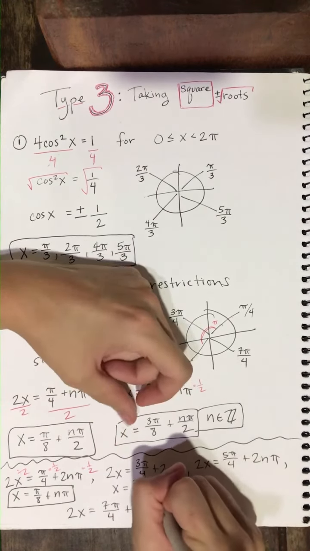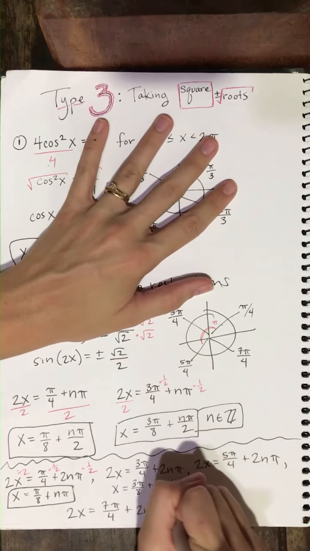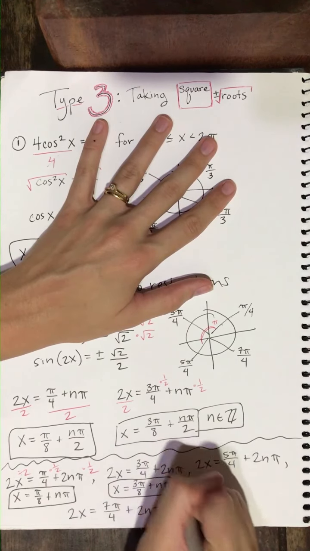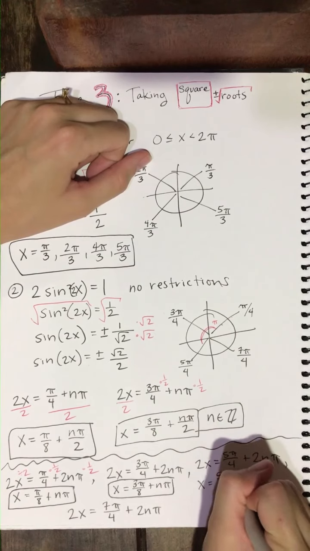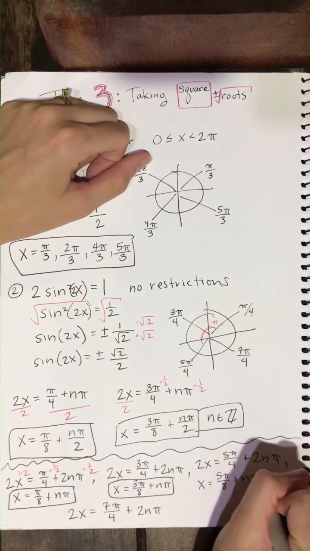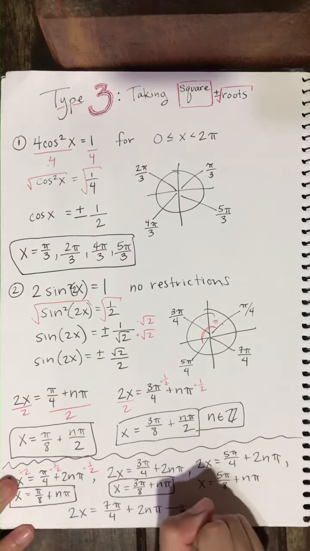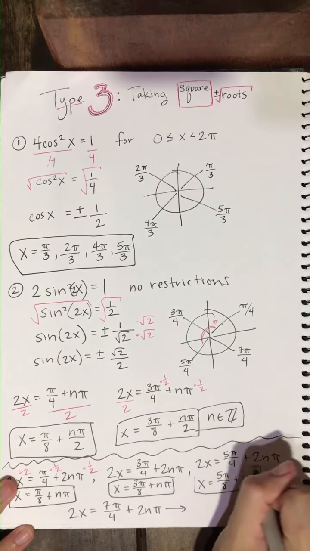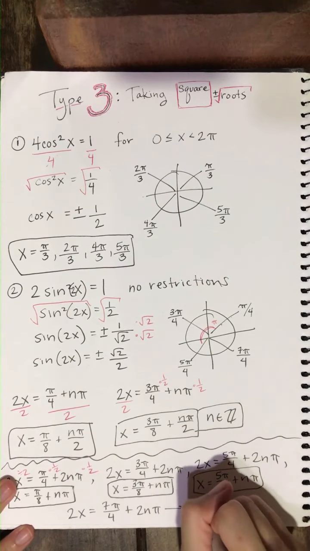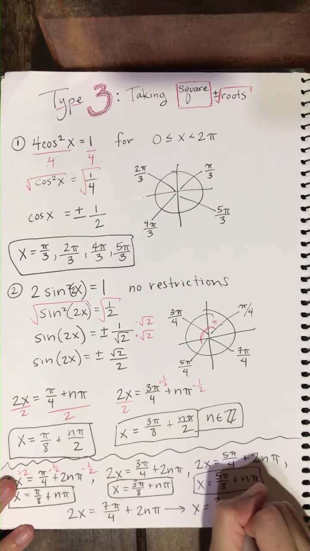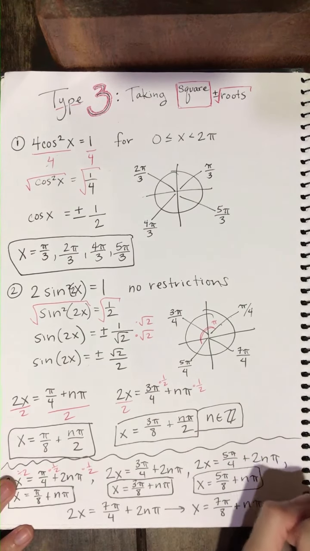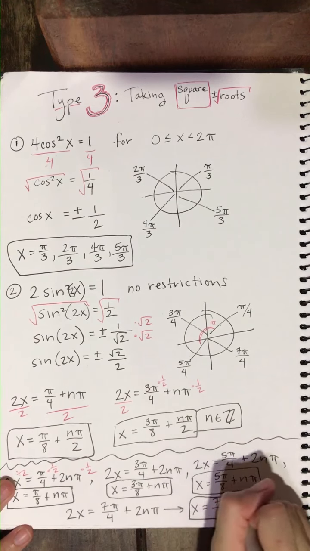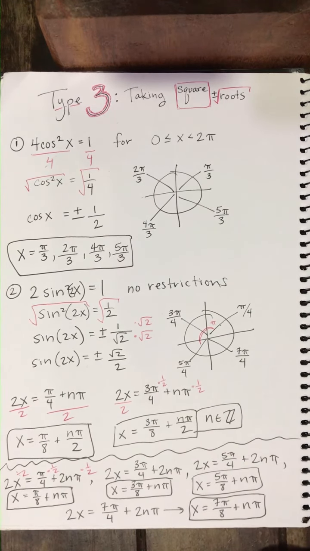The 2's cancel, so plus n pi. Divide by 2. X is equal to 5 pi over 8 plus n pi. The 2's cancel once more. And then lastly, divide by 2. X is equal to 7 pi over 8 plus n pi. Cool?